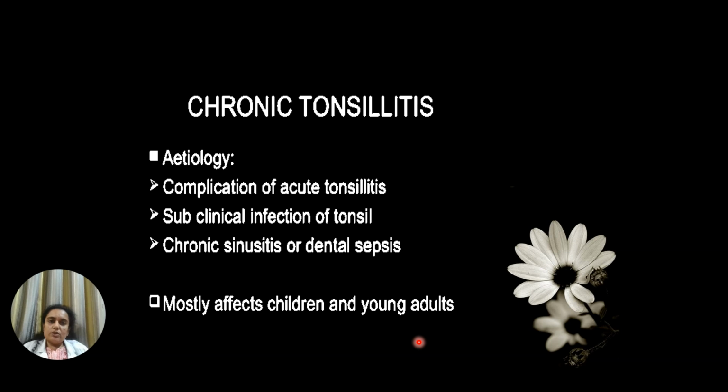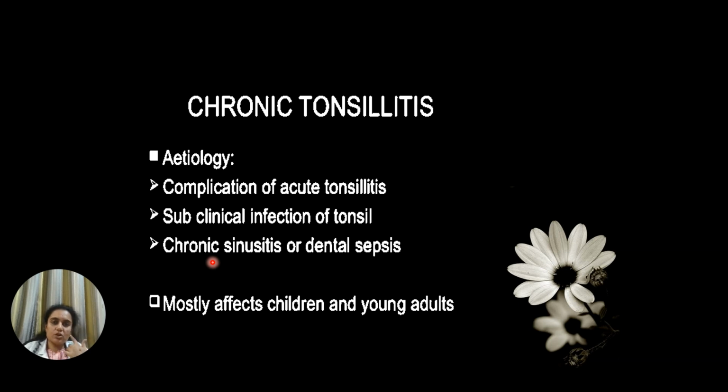Now, let's go into detail about what chronic tonsillitis is. Generally, acute infections last less than 3 weeks. Beyond that, it's called a case of chronic tonsillitis. The etiology of chronic tonsillitis includes complications of acute tonsillitis, subclinical infections of the tonsils, and chronic sinusitis or dental sepsis.